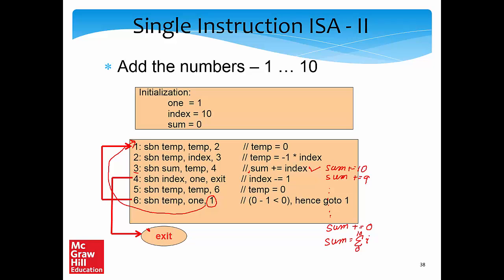So we have written our first simple program using only one instruction, SBN, subtract if negative, and within 6 lines we have achieved quite a bit. Such a style is also called low-level programming, where instead of using any high-level primitive, we have just used very simple machine instructions.